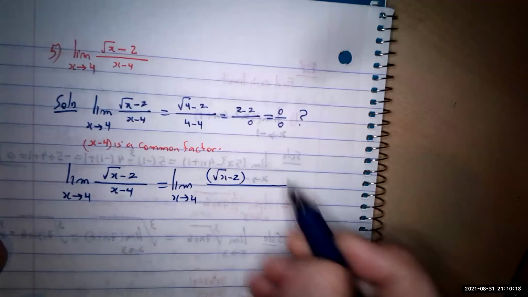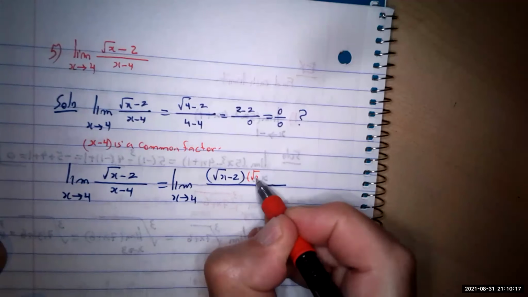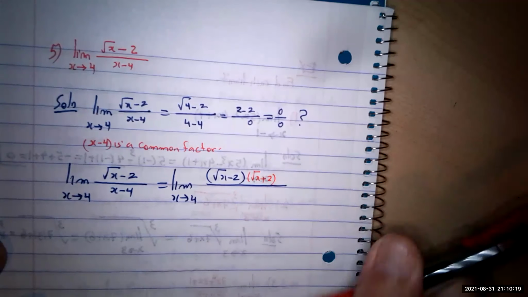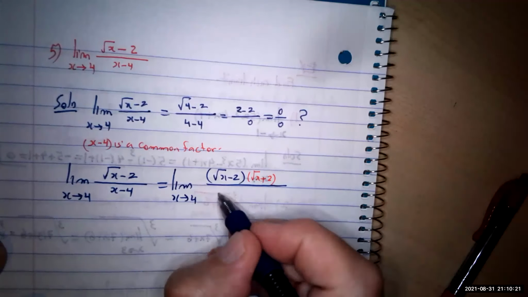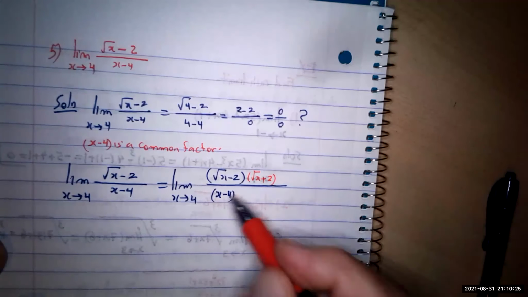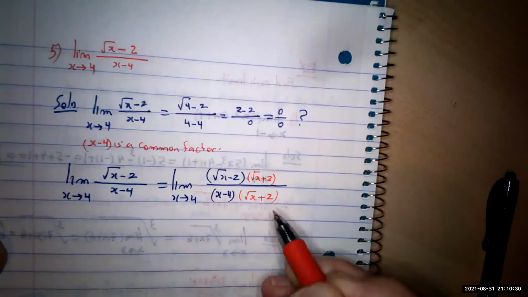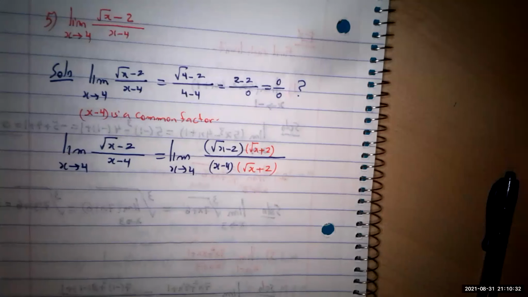You multiply by its conjugate; the conjugate, we just change the middle sign: radical x plus 2. You do the same thing to the bottom, x minus 4, times radical x plus 2 again. Any question? You multiply the top and the bottom by the conjugate of the top.